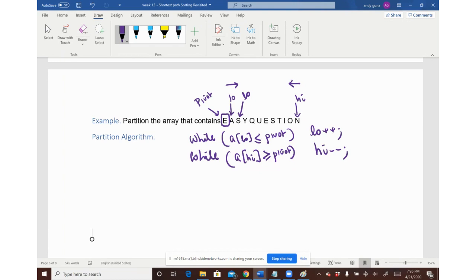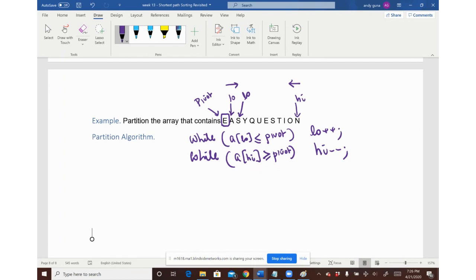Which character will the high stop at? High is coming to the left. High is currently pointing to N. While A of high is greater than or equal to pivot. Okay, so someone said A. Okay, good.